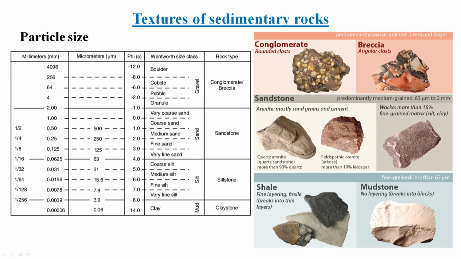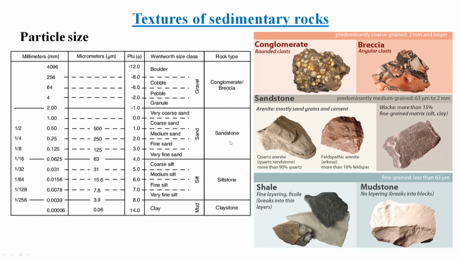When the fragments are mostly angular in nature, they will be considered under the group of breccia. Then, based on the particle size, you have sandstone, you have quartz arenite, feldspathic arenite. We will also be looking into how sandstones are classified into various classes. You have quartz arenite, feldspathic arenite and your wacke as well.